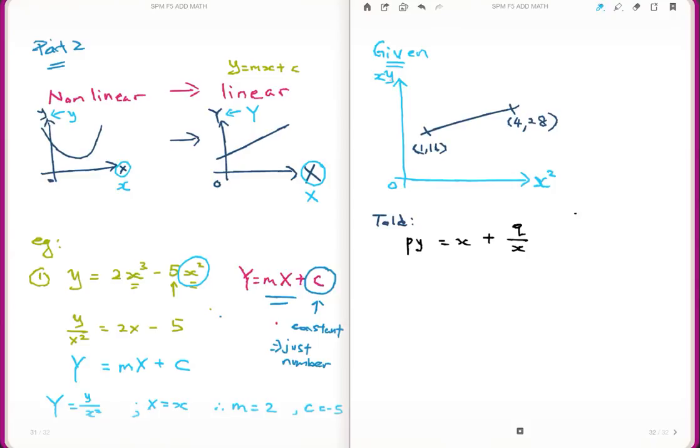Okay, this is given. So it gives you some hint from the question. This hint told me that my capital X has to be x squared, my capital Y has to be xy in order to get this linear. So here would be my capital X, and this whole term would be my capital Y.